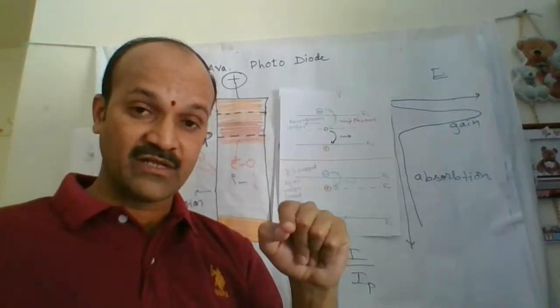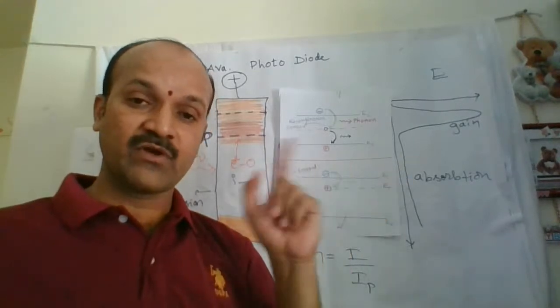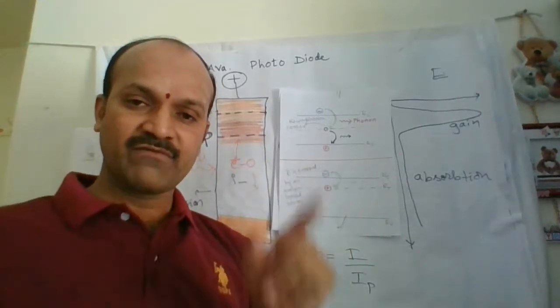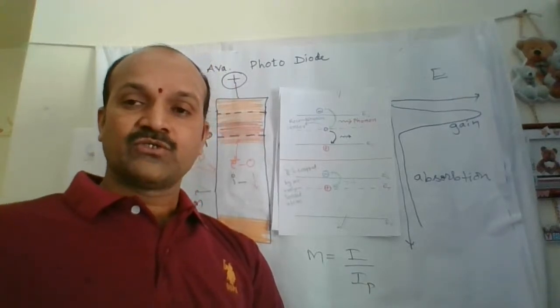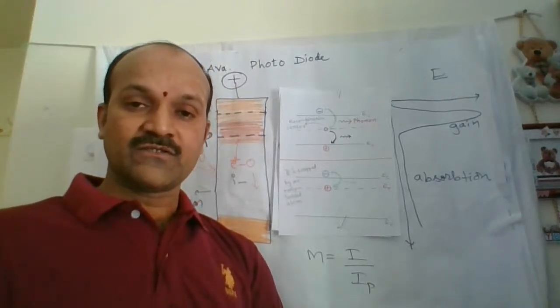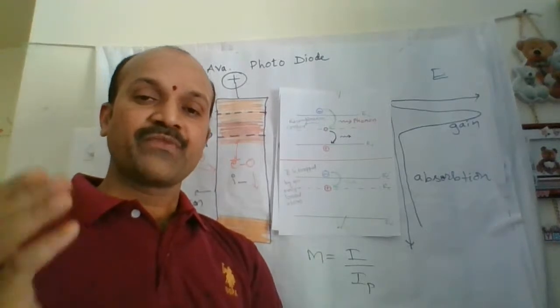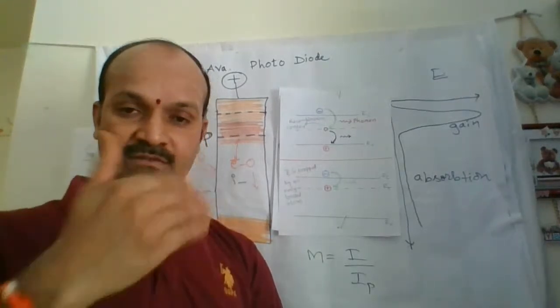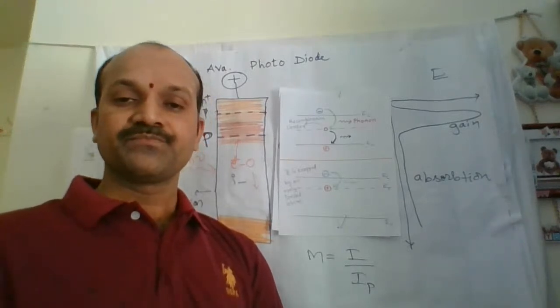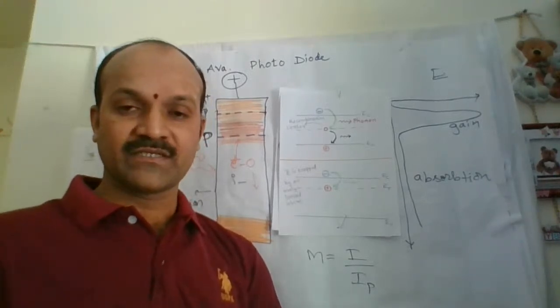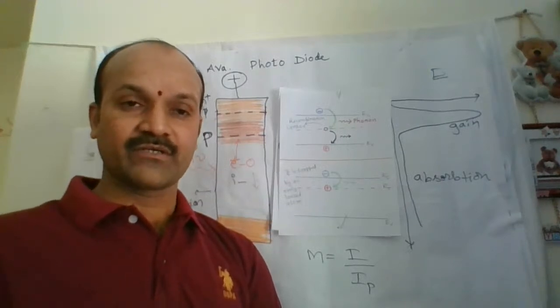The maximum of valency band and minimum of conduction band will not occur at zone center. They will have some different values, right? So due to phonon release, lattice vibration, the values will be matched. It recombines with hole. It gives out photon. This is what we discussed in direct and indirect band gap semiconductors.